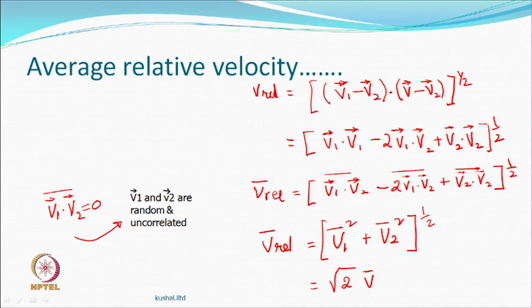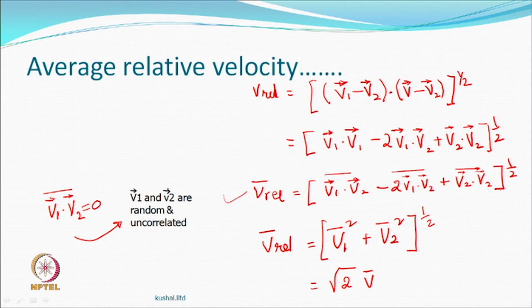So, this shows that the average relative velocity will be the square root of v1 squared plus v2 squared minus 2 v1 vector dot v2 vector. Now, that becomes the mean average.